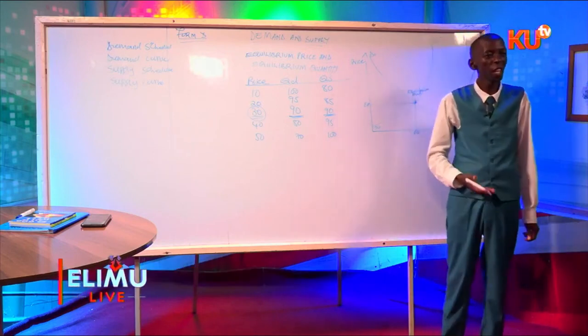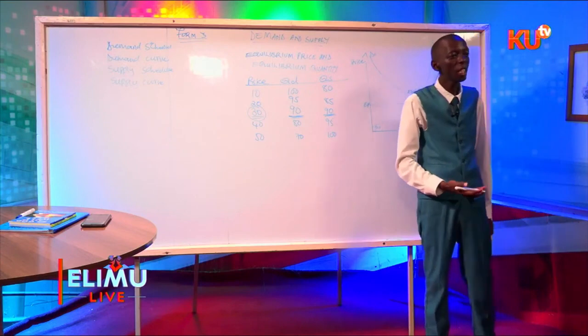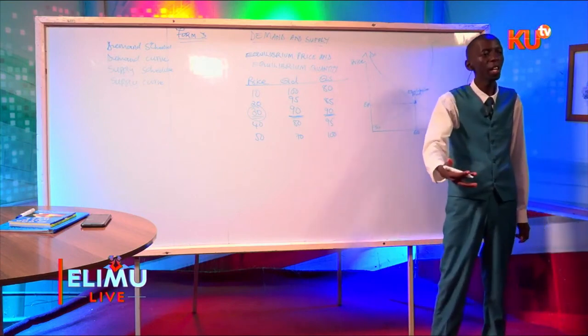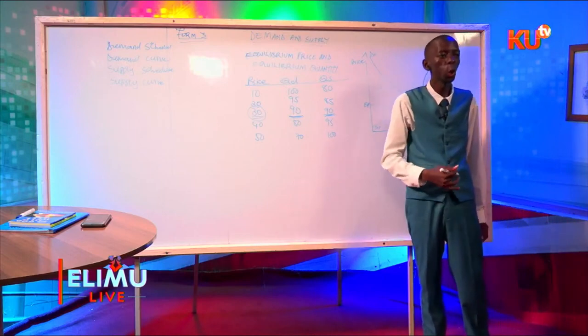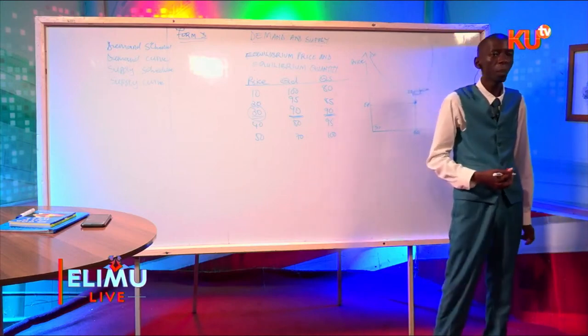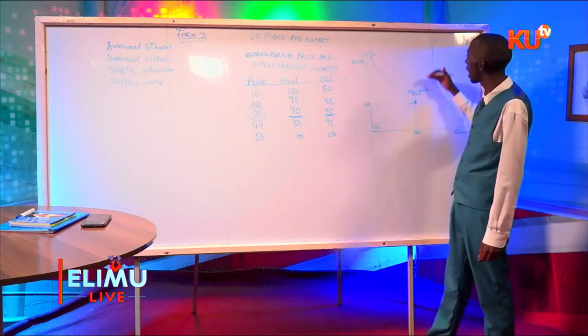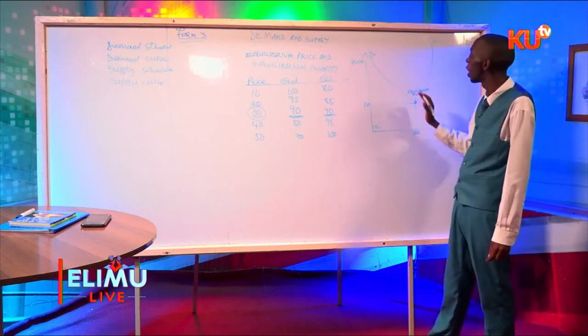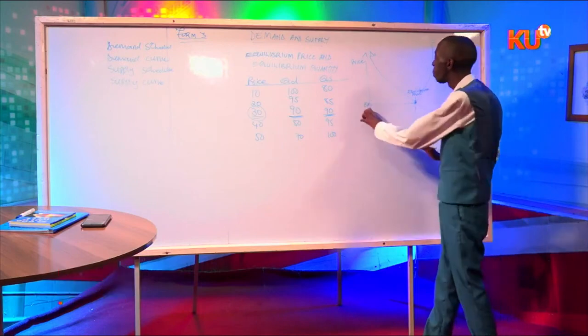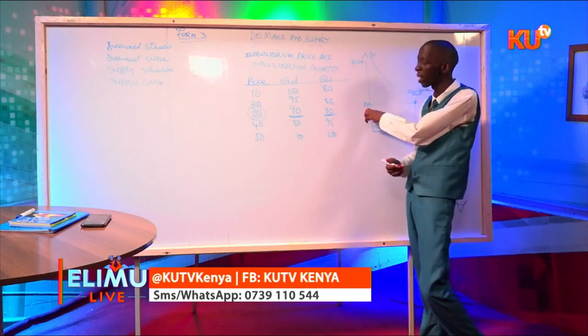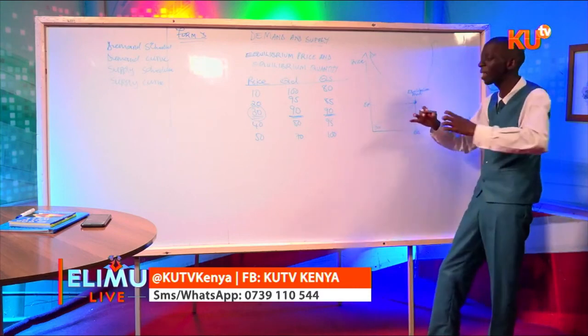We have said very well that at the equilibrium price, the quantity demanded is equal to the quantity supplied. And this is the sketch showing the equilibrium price, the price at which the quantity demanded is equal to the quantity supplied, and the quantity itself.